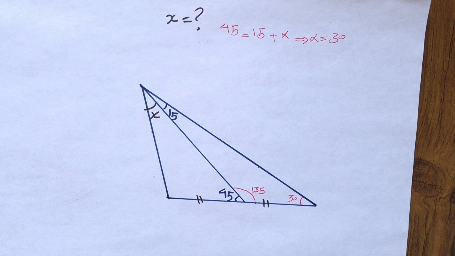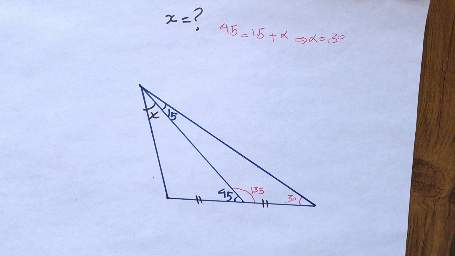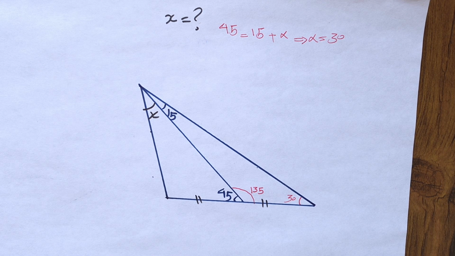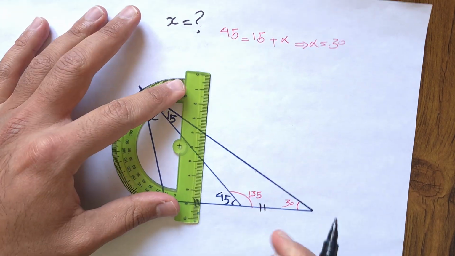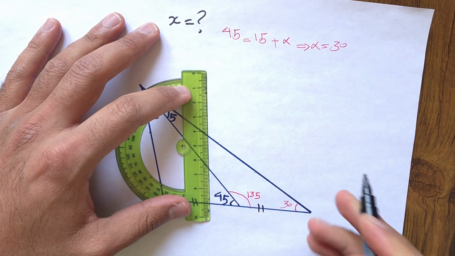Now, next step, just a little interesting step, I would say. Okay, so let's draw a line here from this point, which is equal to this segment on this segment.